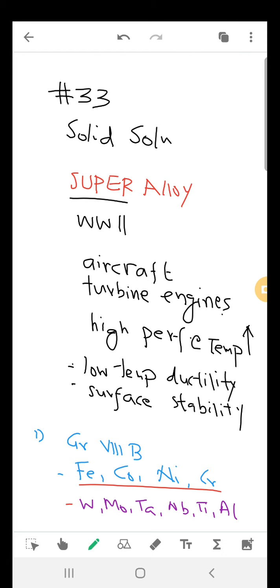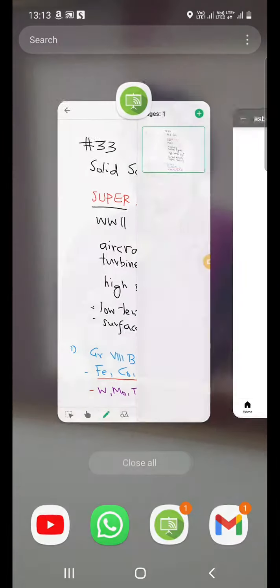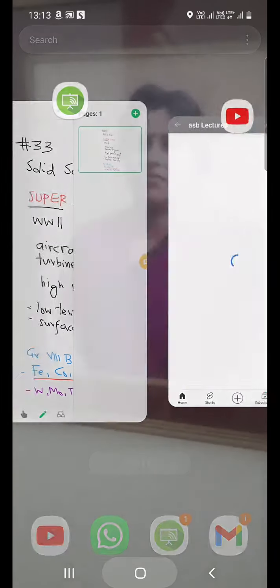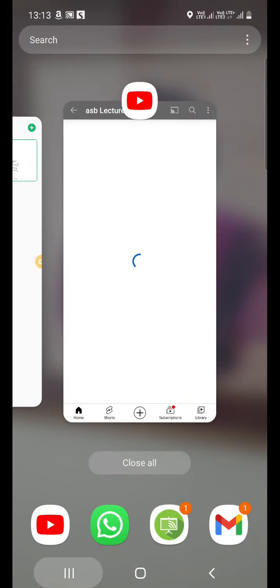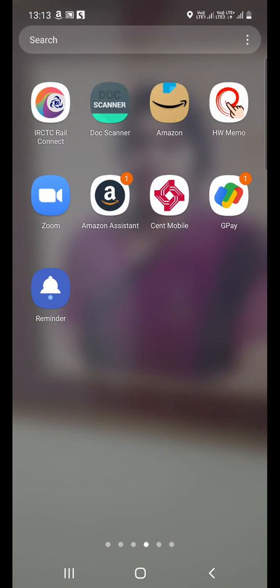Now there are three major classes of superalloy.